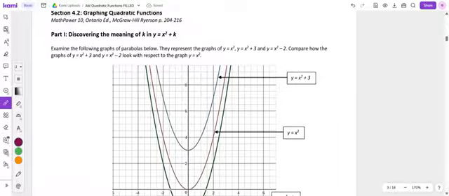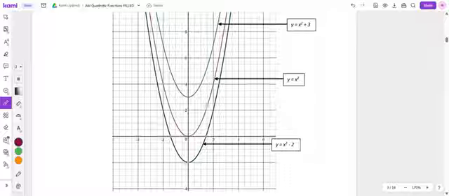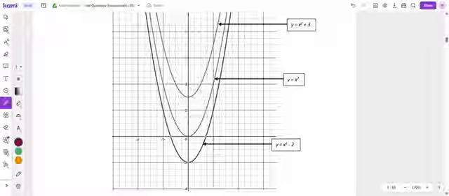Okay, so today we wanted to discover what this K transformation does to our parabola. So you have 3 parabolas on this graph. Find the parent function. Where is the vertex of the parent function?